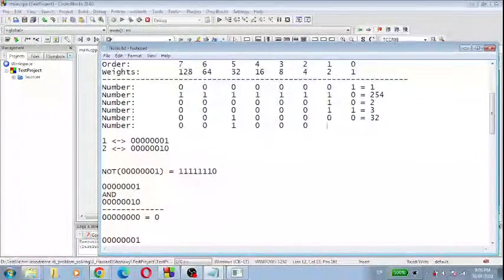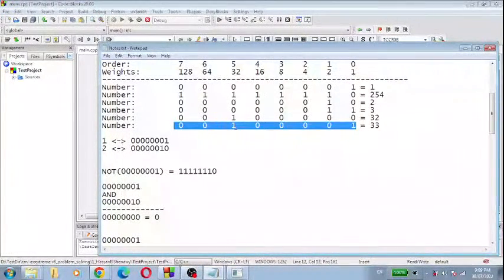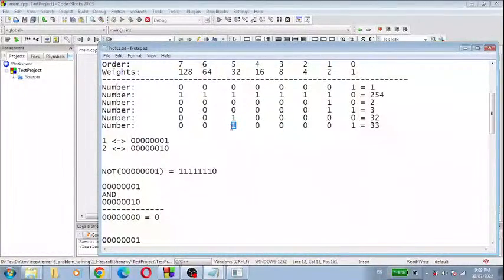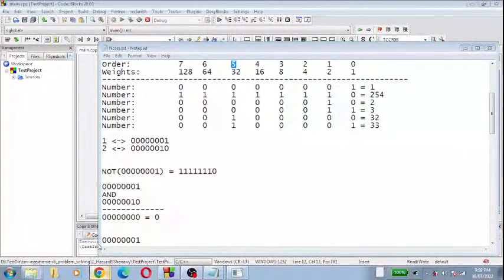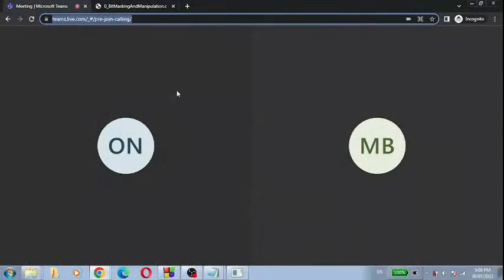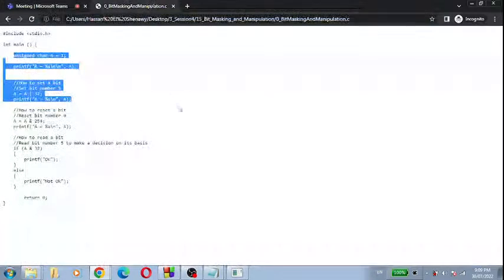So I have 1 here, so this is 33. You see that I have set this bit. I have set bit number 5 here. This is number 5 actually. You see this? Okay, very good.